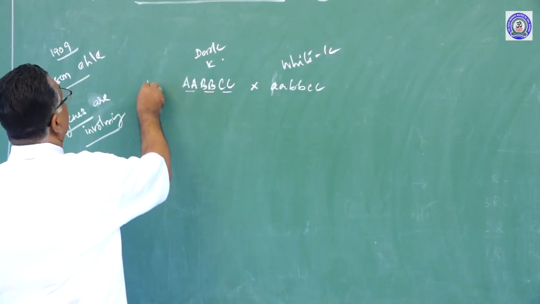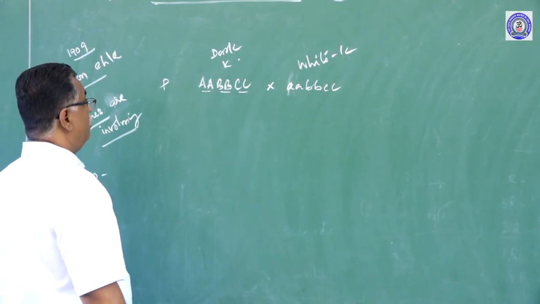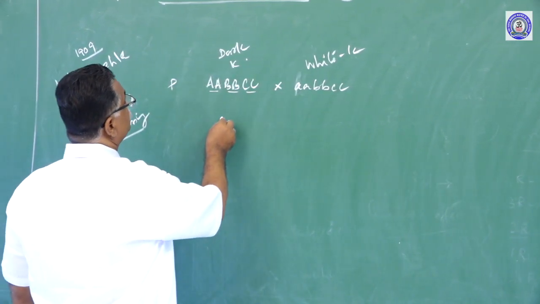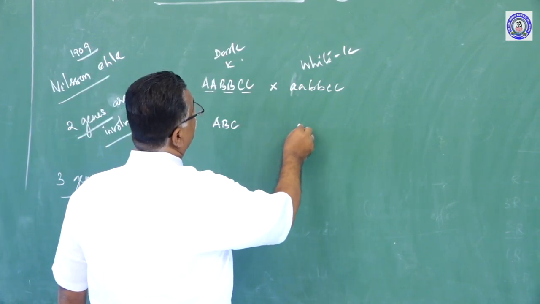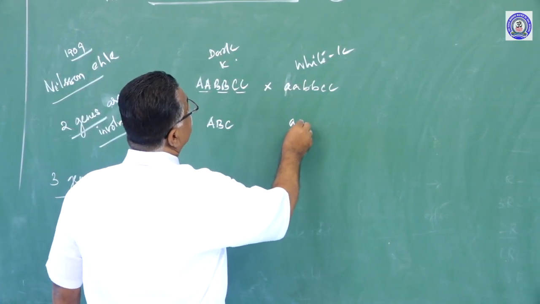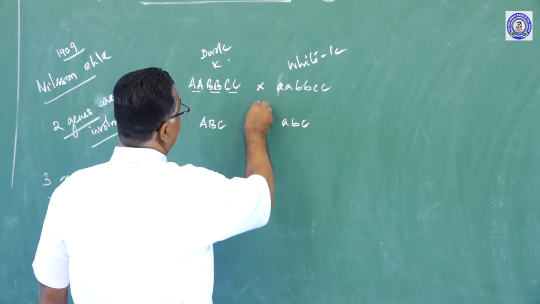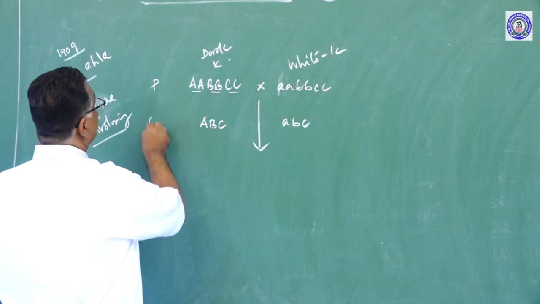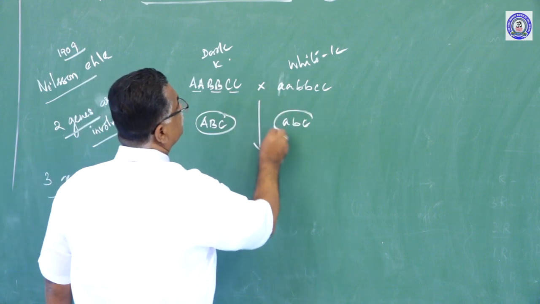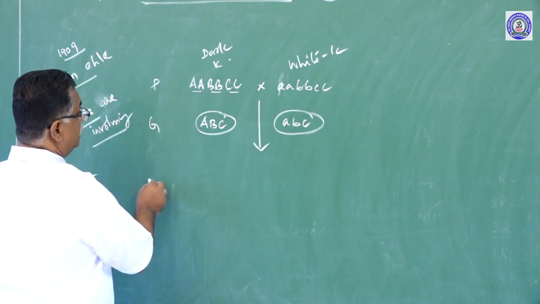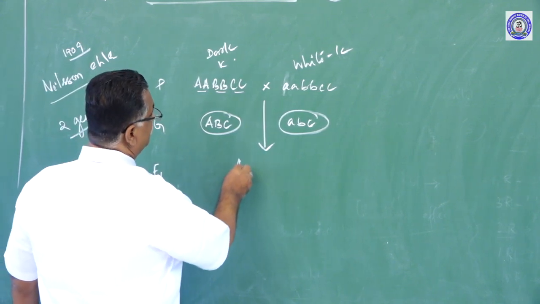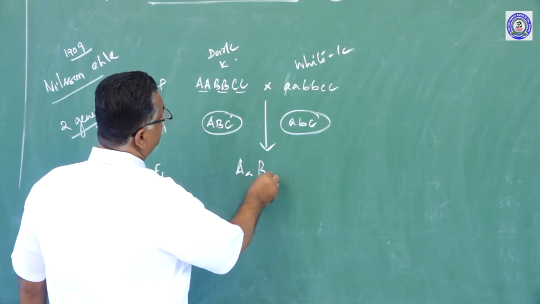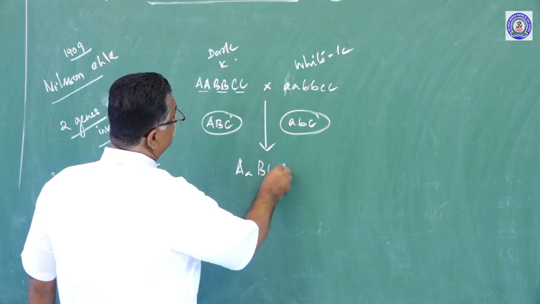If this is the parental combination, and gametes are produced, we will have capital A, capital B, capital C, and here we will have small a, small b, small c in a cross. In the F1 generation, we will have capital A small a, capital B small b, capital C small c.